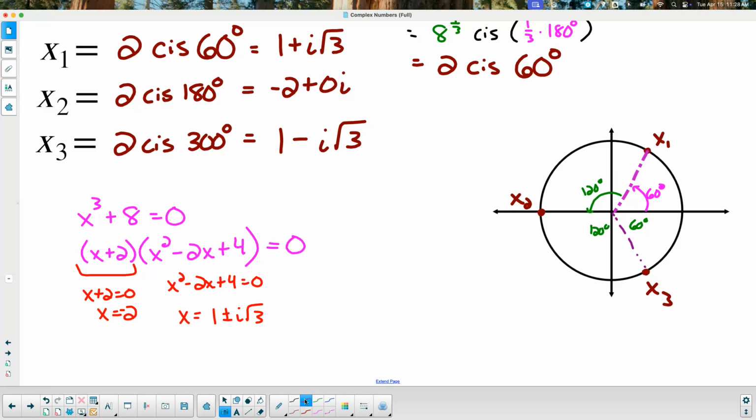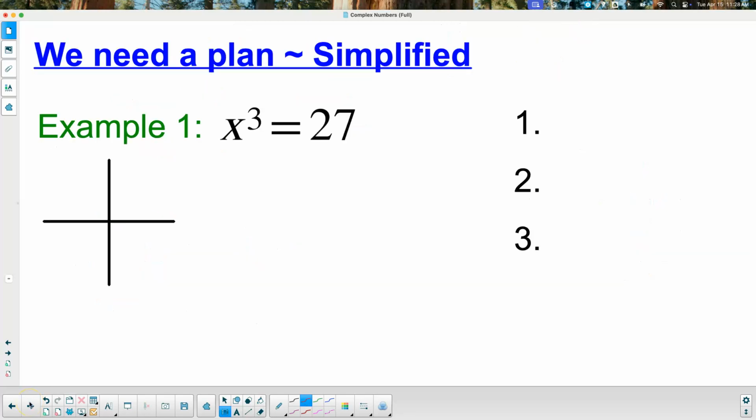So let's come up with a simplified plan for all of this. Okay? If I've got x cubed equals 27, how many answers do I need to get? 3. But if I just take the cube root of both sides, I only get 1. So I've got to come up with the other 2. Okay? So our first step is we are going to trig it.